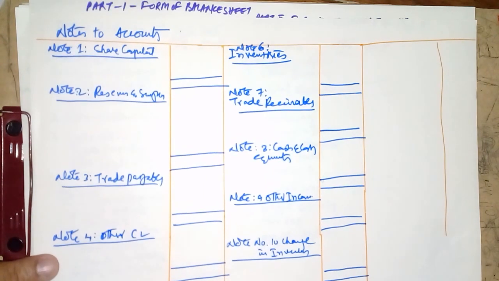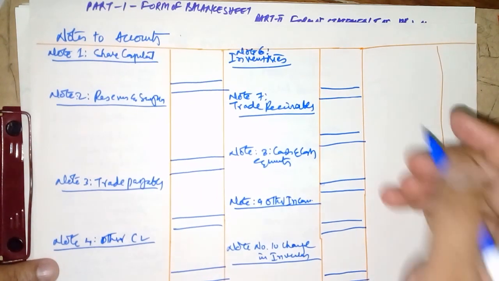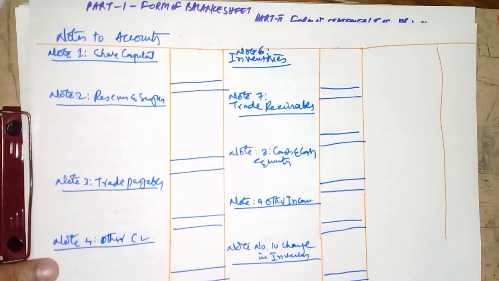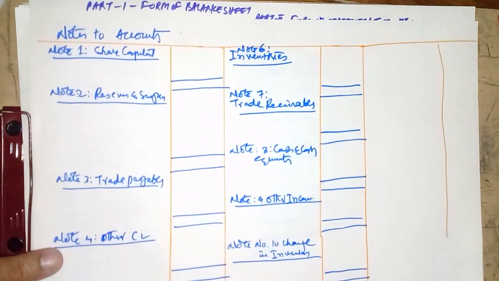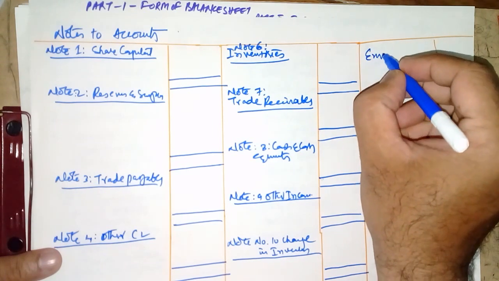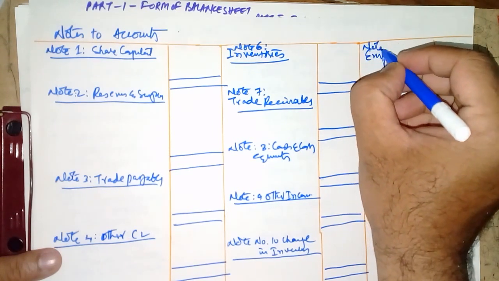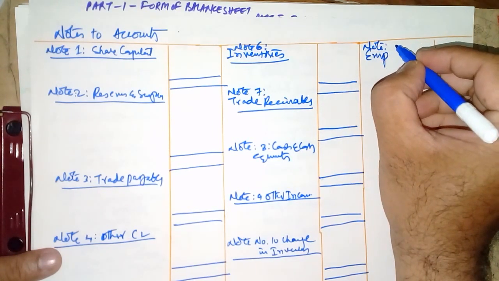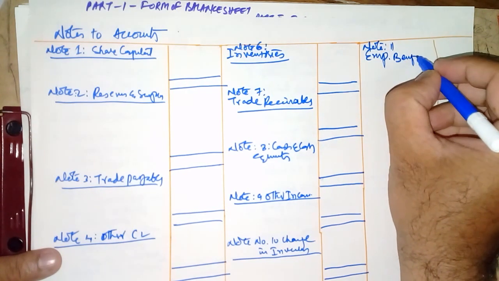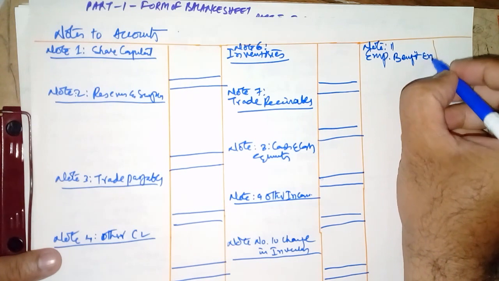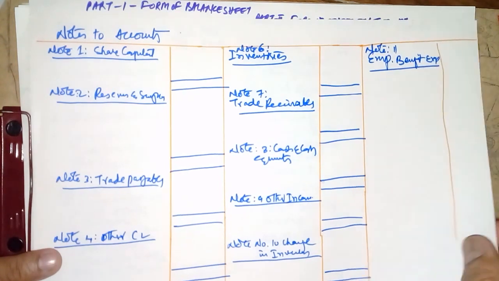The notes are very important for the financial statements. Then employee benefit expenses, note number 11, we are making employee benefit expenses.